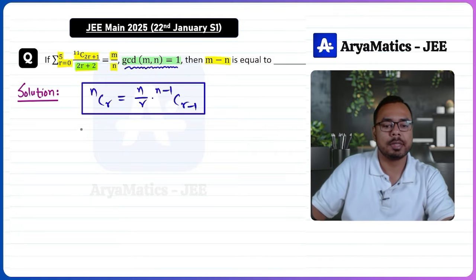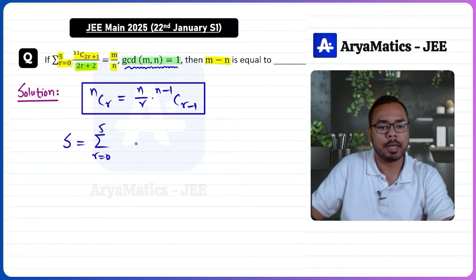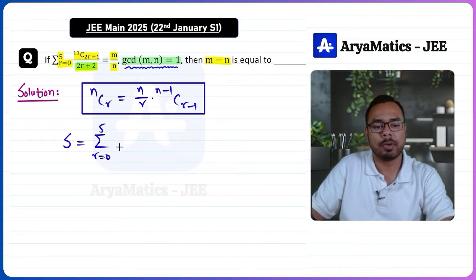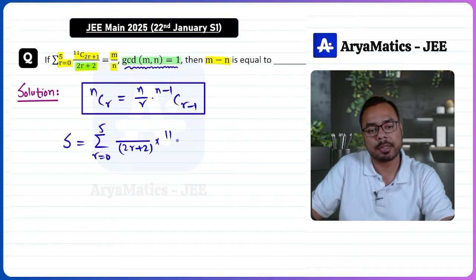So here, let us say this sum is S. So S is basically, we have r from 0 to 5, and in the denominator we have 2r plus 2, and then this term is 11C(2r plus 1).